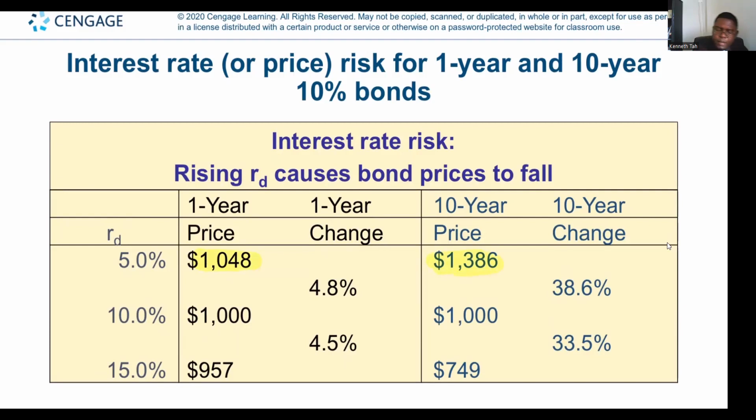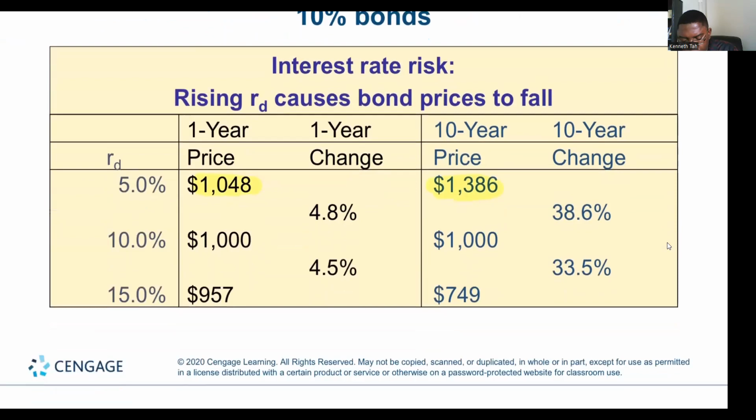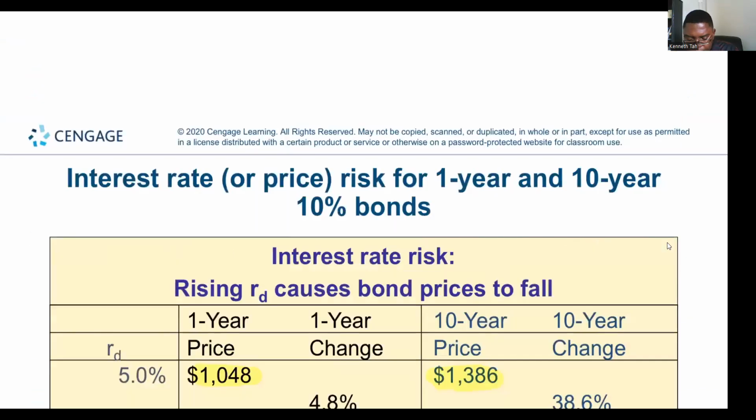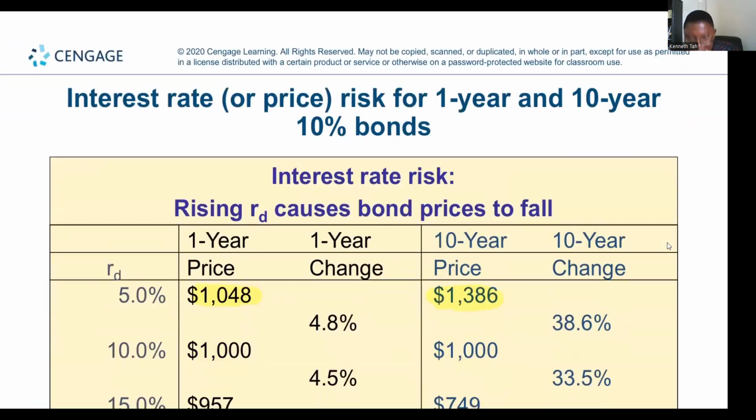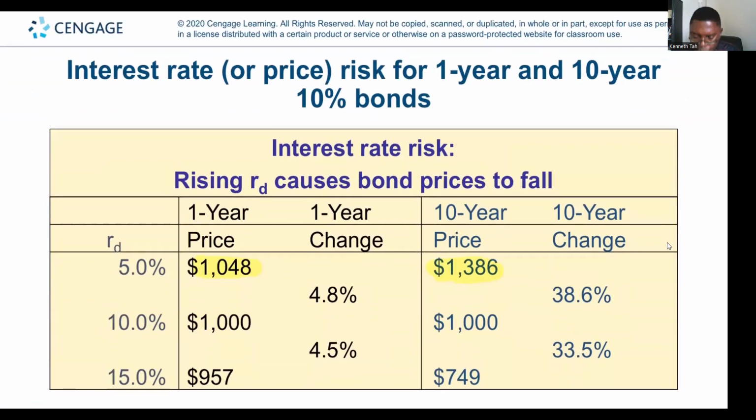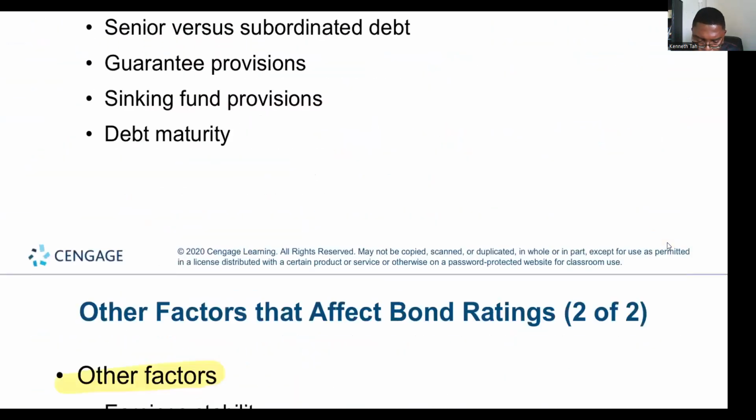Because with longer maturity, we expect that there are more risks embedded with the length of time: interest rate risk and reinvestment risk. But there are other dynamics that are involved. So we are going to call it off at this point in time.